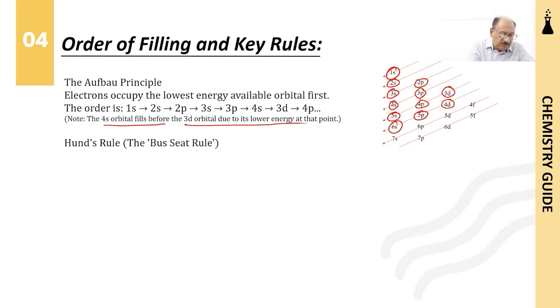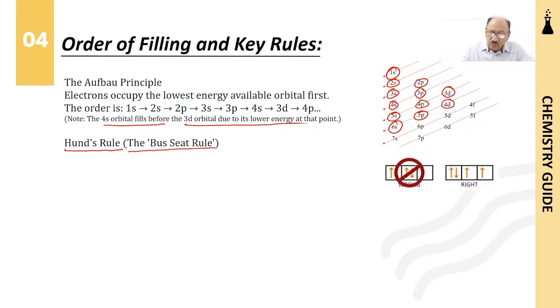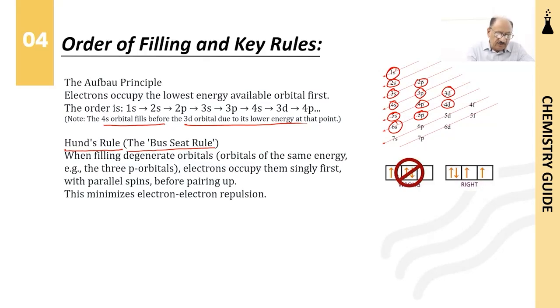Now the second rule is Hund's rule, or the bus seat rule. According to this rule, when filling degenerate orbitals of the same energy, for example the 3p orbitals, electrons occupy them singly first with parallel spins before pairing up. This minimizes electron repulsion.